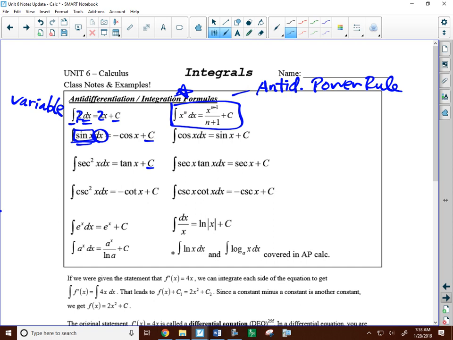Okay, so the original power rule for derivatives was n x to the n minus 1. So for the derivative, we take the exponent down and then subtract 1 from the power. Okay, that was the rule, in case you're wondering, for derivatives. This is the power rule, but for antiderivatives, so going in the opposite direction.